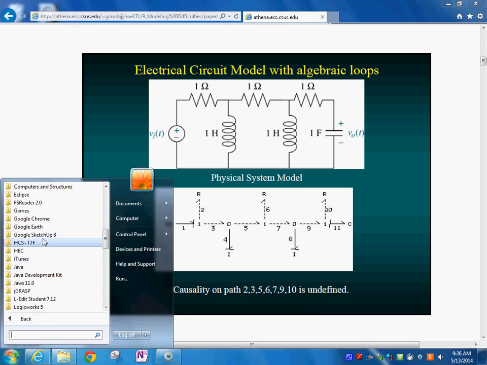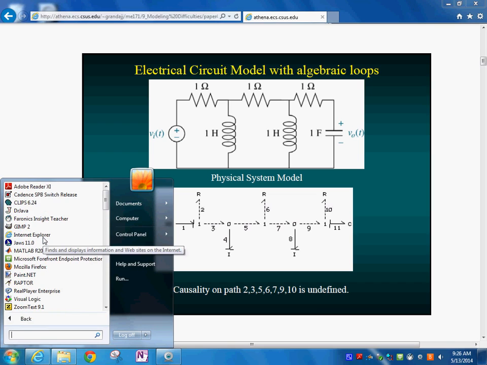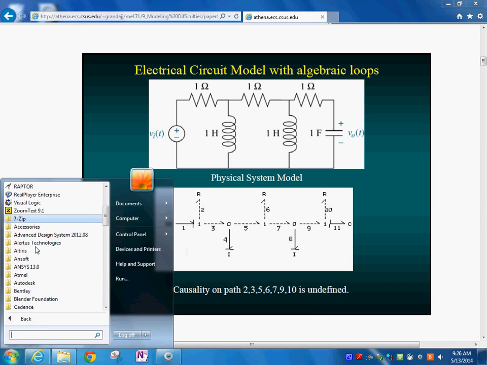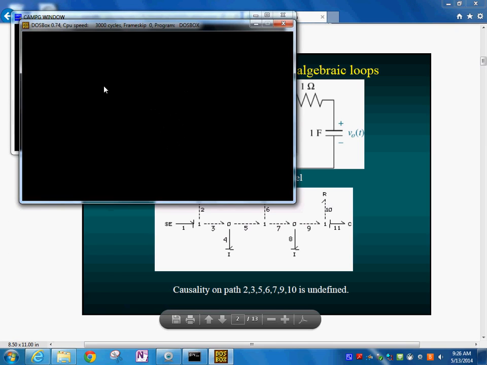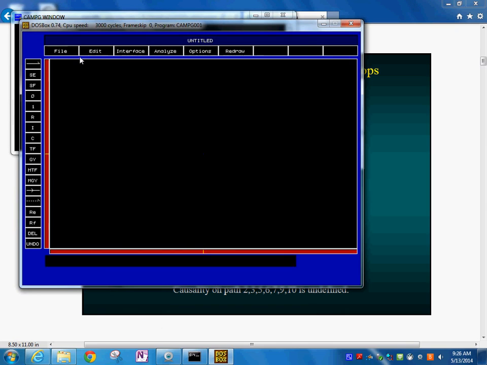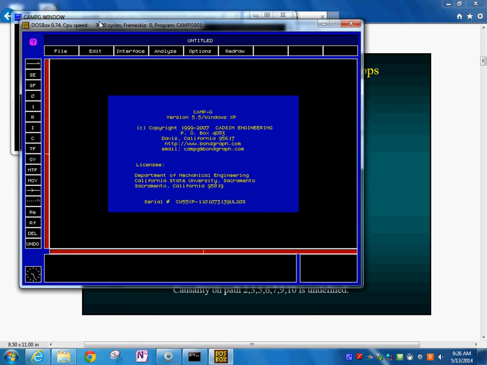So let me just bring it up here. I am going to enter this bond graph model that I see here.